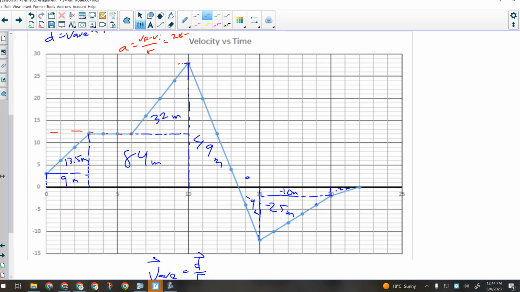So 28 minus 12, and obviously between 6 and 10 seconds is 4 seconds. So 28 minus 12 gives me 16 over 4, which gives me positive 4 meters per second squared as my acceleration during that time. Okay, everybody all right with that one?